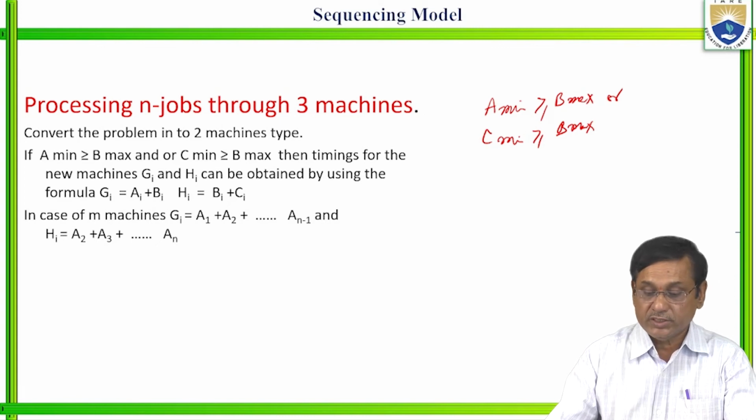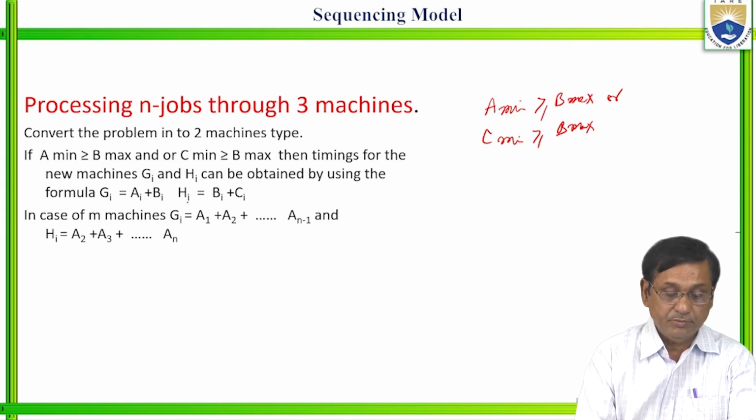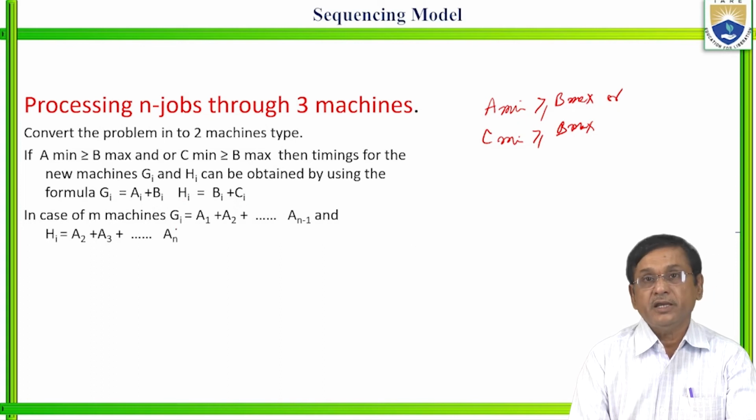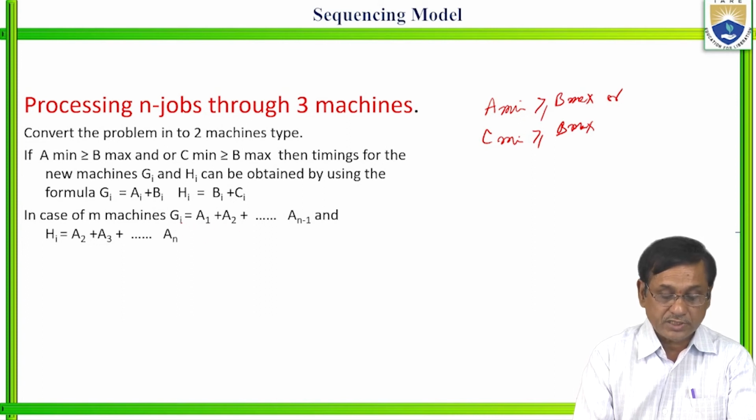So we can find out the timings for the 2 fictitious machines G and H. Corresponding to G, the timings are A plus B, and corresponding to machine H is B plus C. In case of M machines, the timings corresponding to machine G are A1 plus A2 plus up to A(M minus 1).